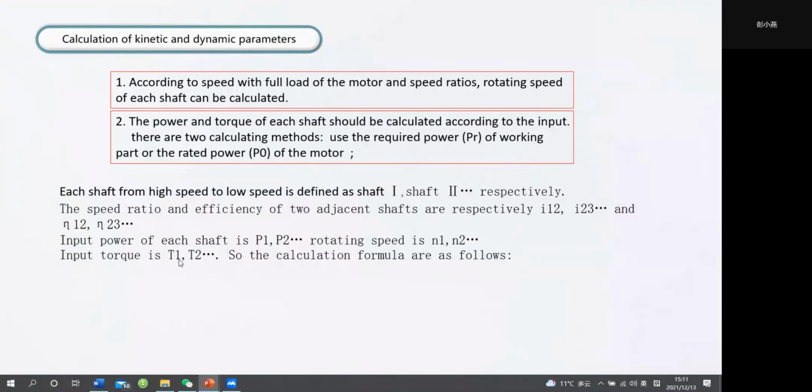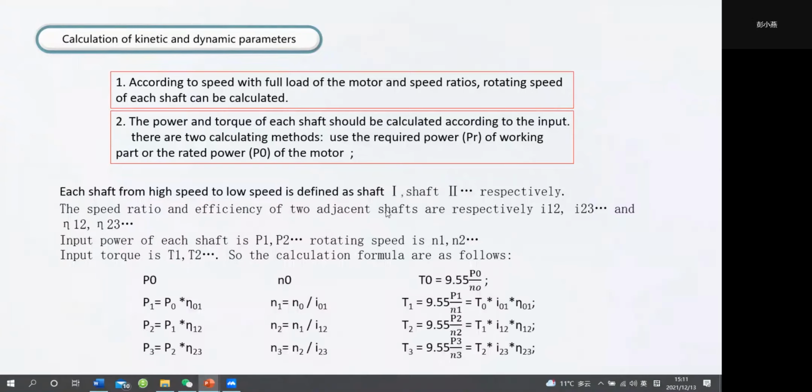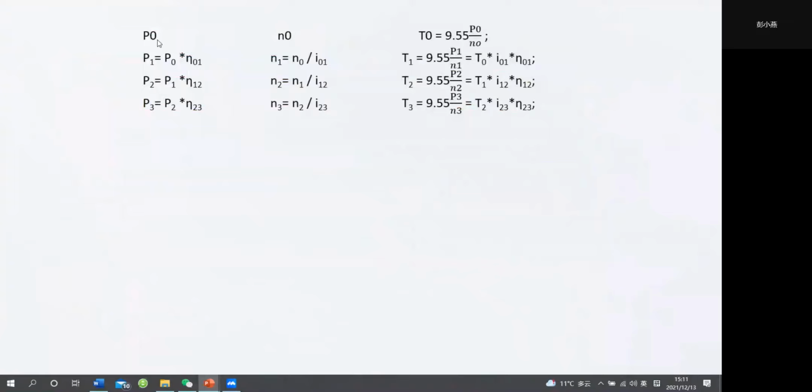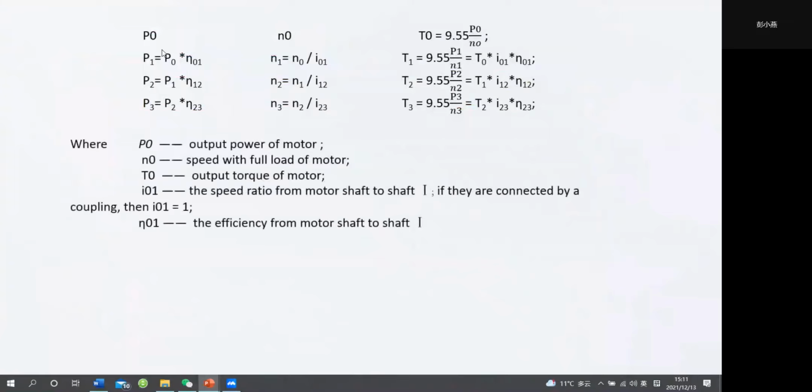Input torque is T1, T2. So we have these equations, and P0 is the output power of the motor, N0 is the speed with full load of the motor, and T0 is the output torque of the motor.